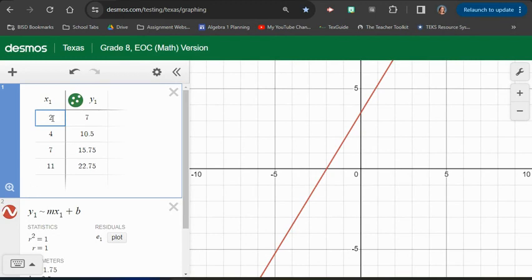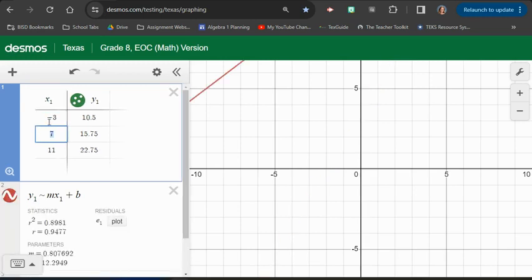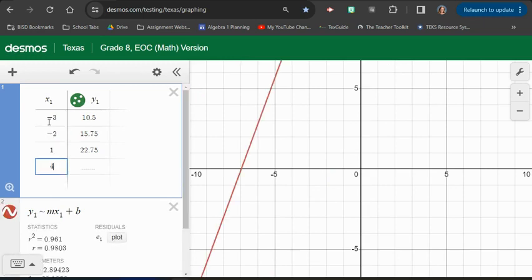One thing you have to be careful of is if your table changes to 2's. Sometimes that happens. So I'm just going to change these. -3, -2, 1, and 4.